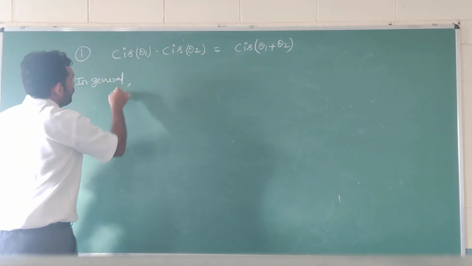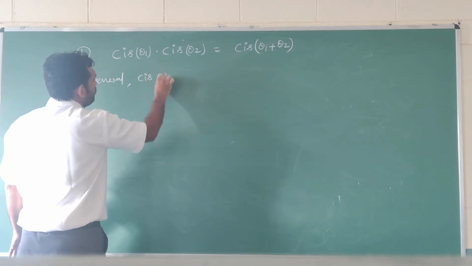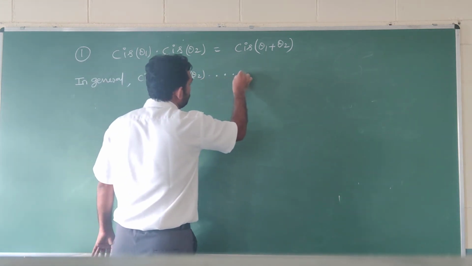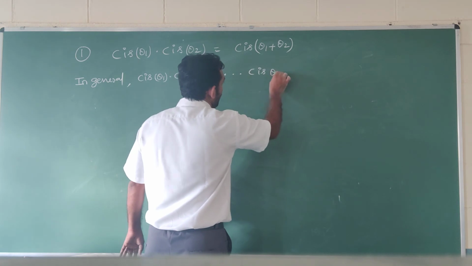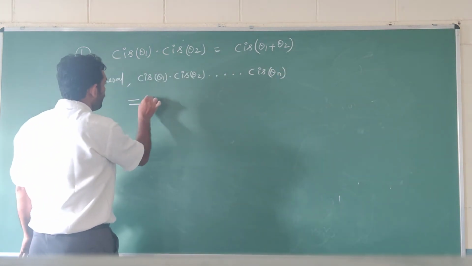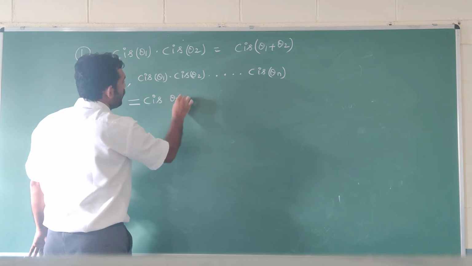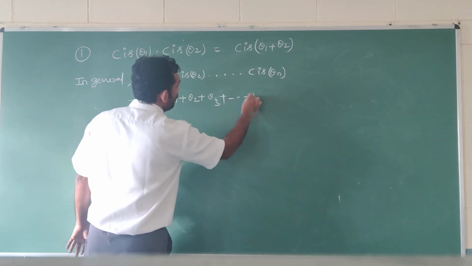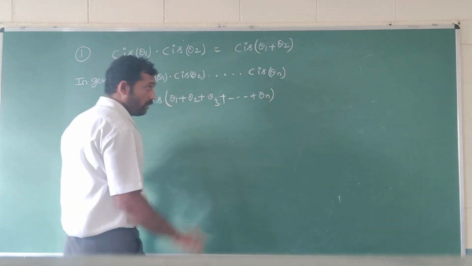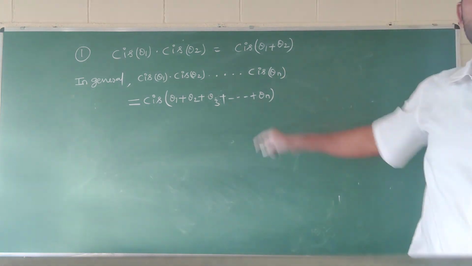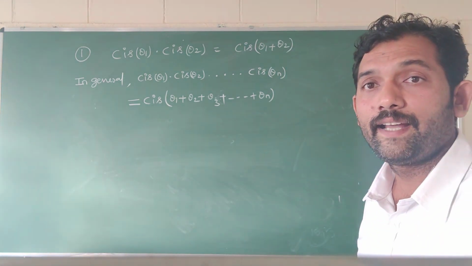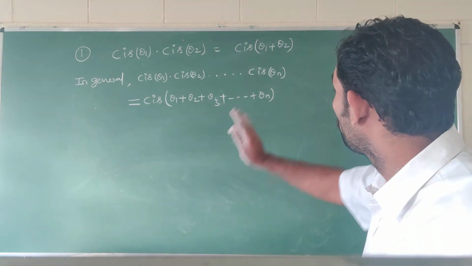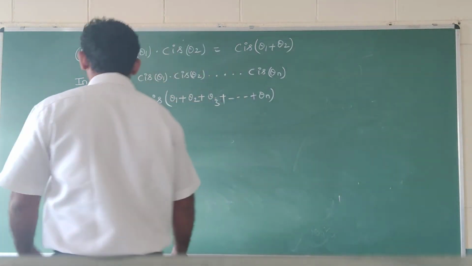In general, cis theta 1 into cis theta 2 into and so on cis theta n is generalized to cis of theta 1 plus theta 2 plus theta 3 and so on up to theta n.